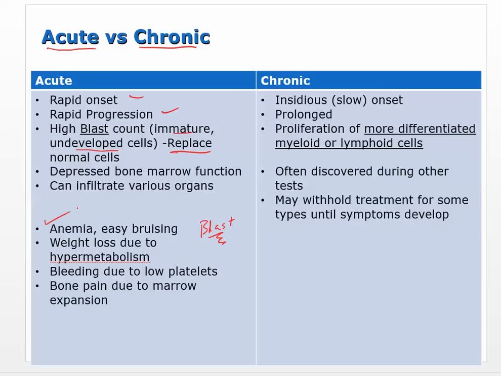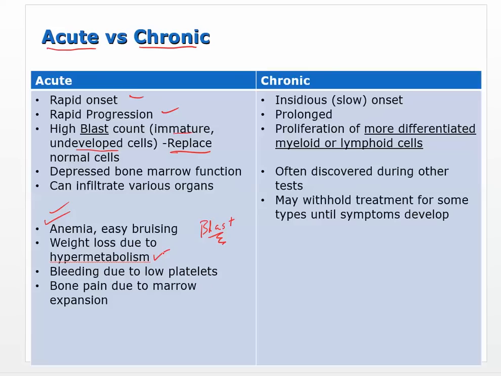By the way, the difference between signs and symptoms is a sign you can read a sign, that's something that can be measured. A symptom is something that can be described but not necessarily measured, in case you weren't aware of that. So anemia, easy bruising, weight loss due to hypermetabolism.